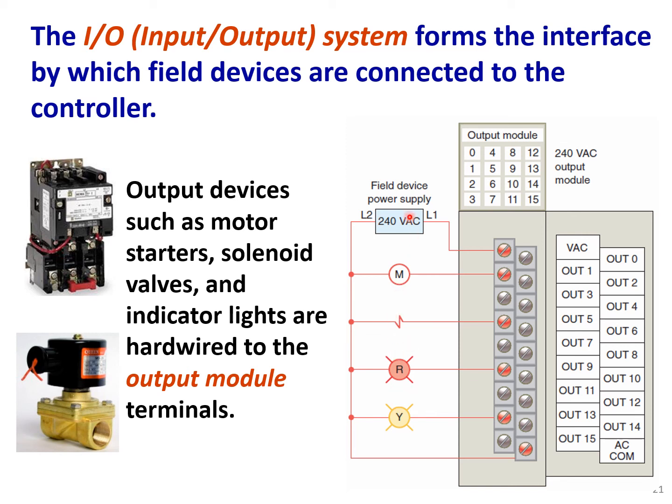All of these devices are connected to the output module. So here you could see, for example, the field device power supply could be different from the input device power supply. In this example, we have 240 volt AC, but the input could be 24 volt DC.